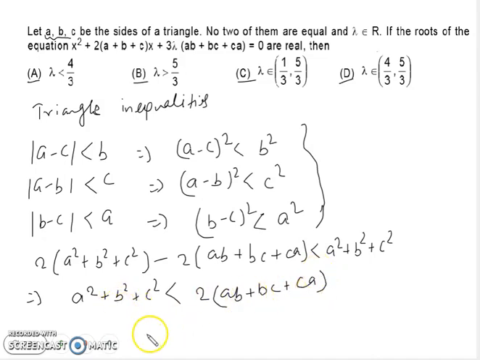After dividing, (a² + b² + c²) divided by (ab + bc + ca) is always less than 2.